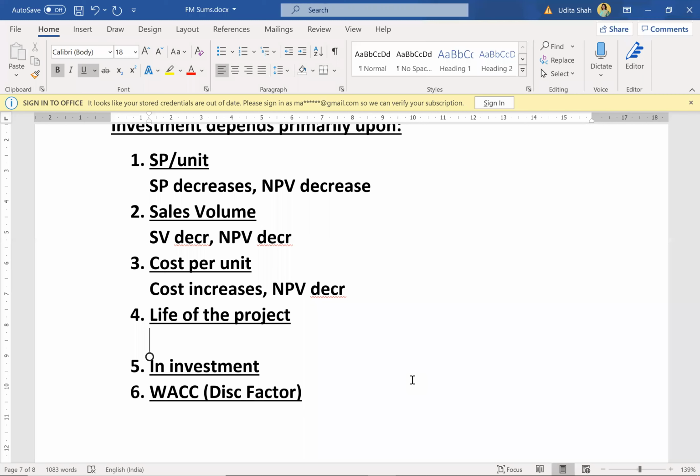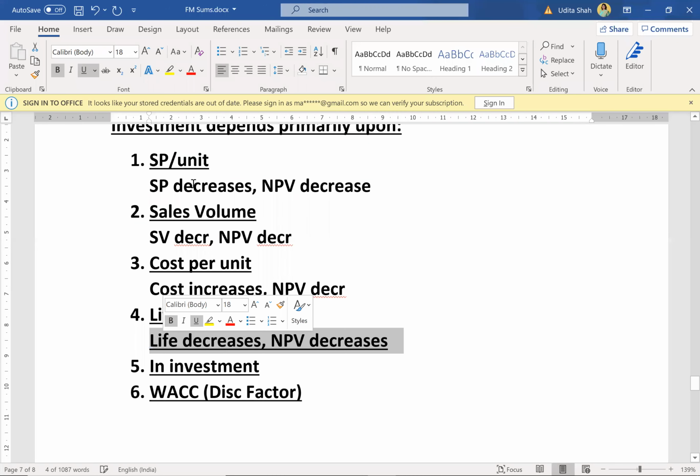So what is the negative term for me? If life of the project decreases, NPV also decreases, right? So again, management wants to find out what is the minimum life of the project that company can afford.